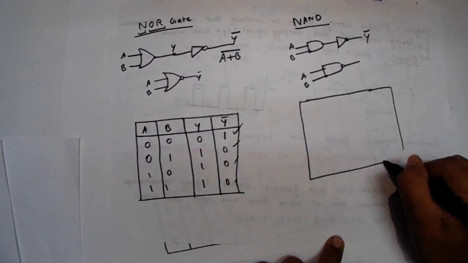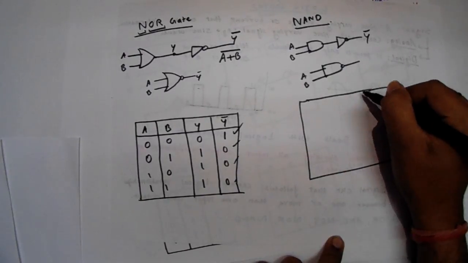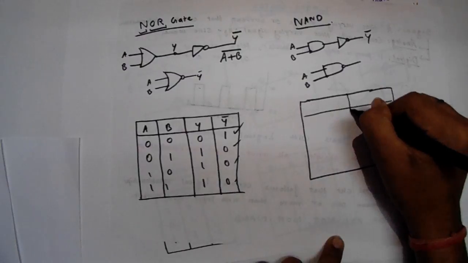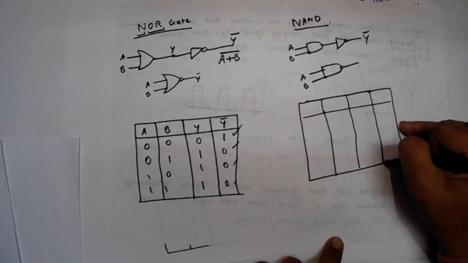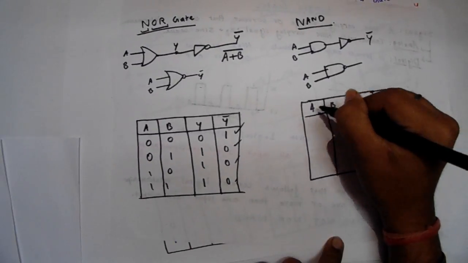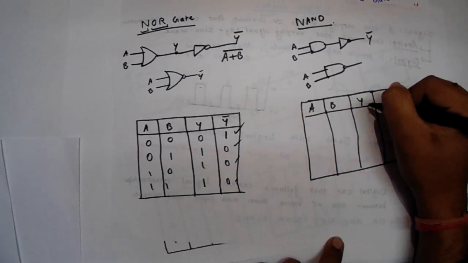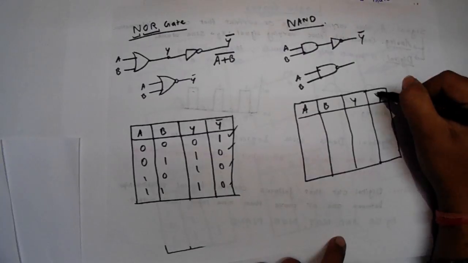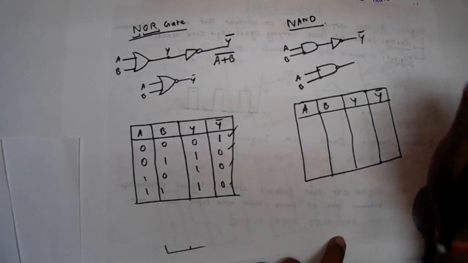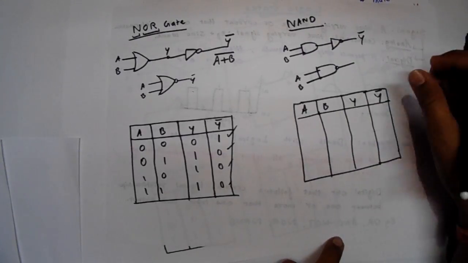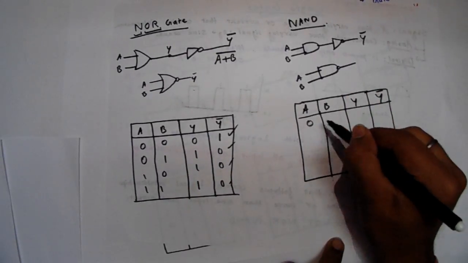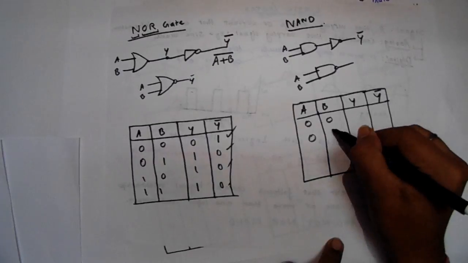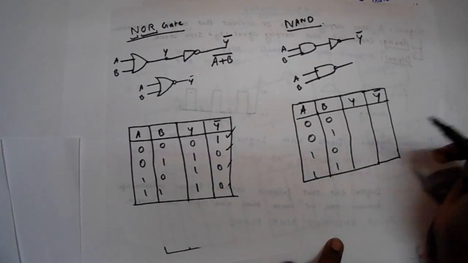We studied the truth table for the AND gate just now, and we will be making it for A and B. This is the output for AND, and this would be the output for NAND. You need to draw the output for NAND only, not this, only this. For inputs 0, 0, 0, 1, 1, 0 and 1, 1.